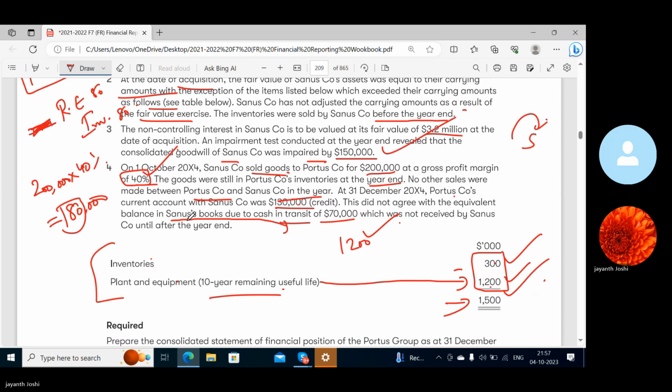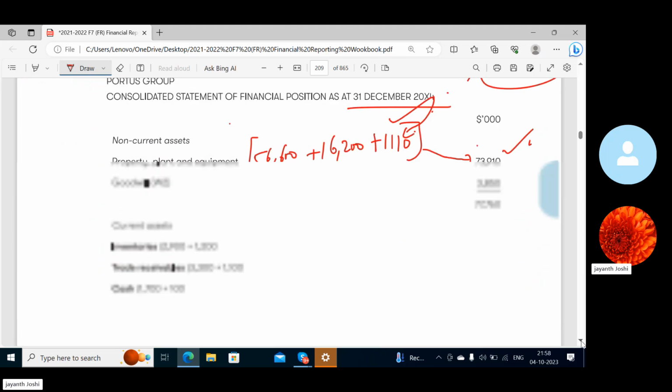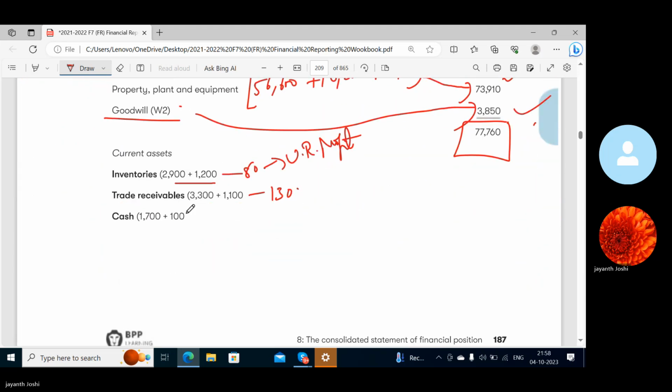From the parent. Now in consolidation, the status will not be that they are supposed to receive money from the parent. It is presumed that the money is in the business itself. So we will add this 70,000 to the cash account and remove this 70 from the receivables.